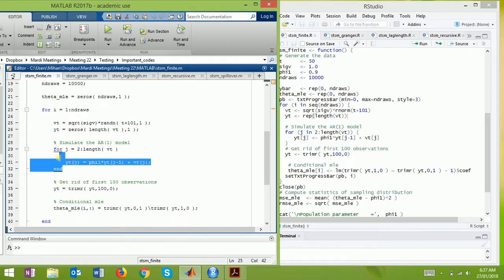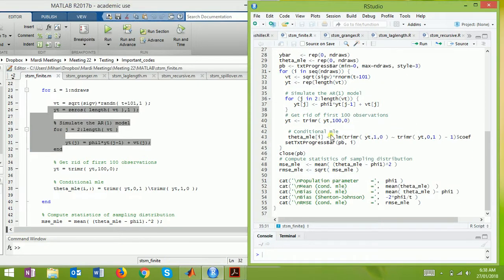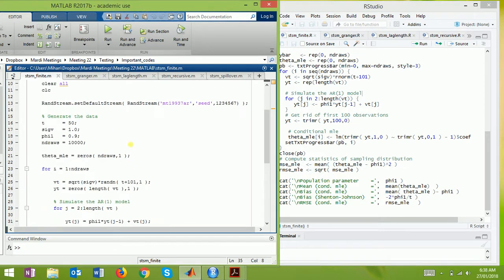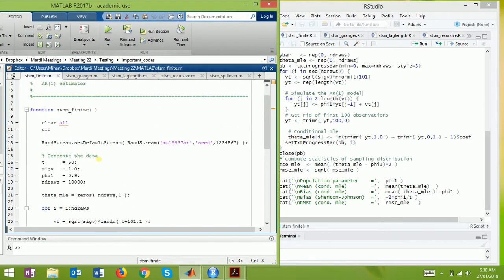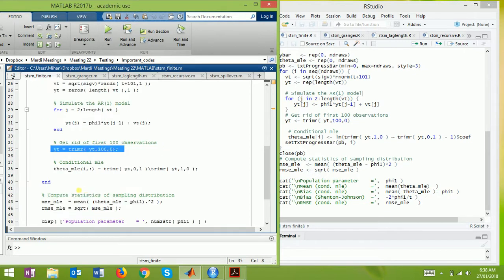So it will create the same sized y of 50, but it will do the whole estimation 20,000 times, and this equation. So we put the whole loop under a regular function. We trim the first 100, because we replicated our residual with the first 100.